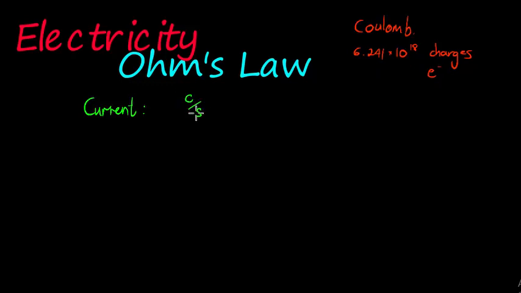So current per second meant that a certain number of, and this now represents a group of electrons, okay, a very big group of electrons. It's a collective noun. A coulomb is a collective noun for a group of electrons, and current is measuring how many of these groups will pass a certain point every second, okay?